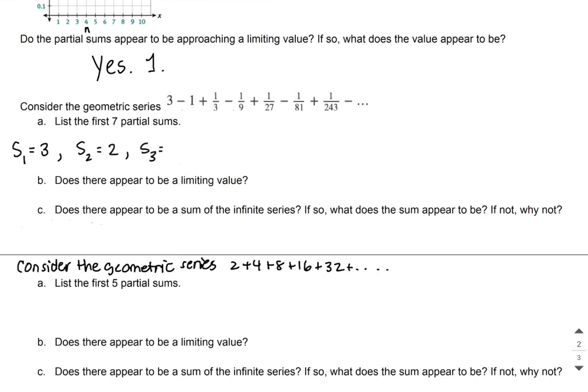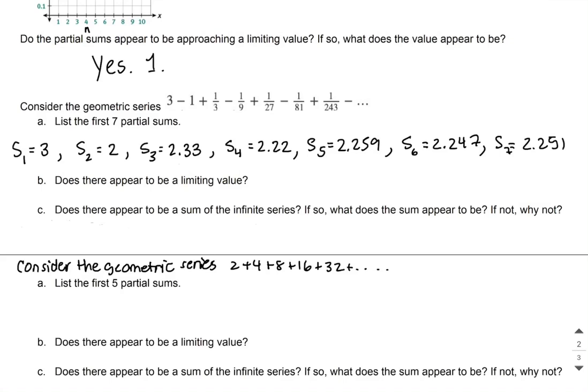The third is about 2.33, if I add the first 3 terms together. The fourth partial sum is about 2.22. If I add the first 5 numbers together, I get about 2.259. If I add the first 6 together, I get about 2.247. And if I add the first 7 together, I get about 2.251.